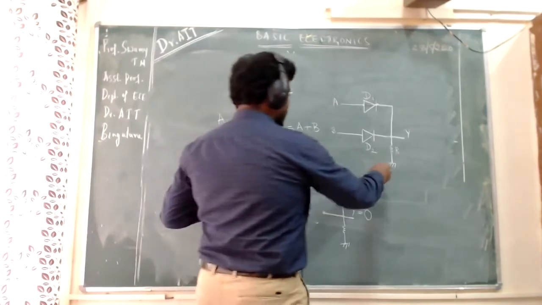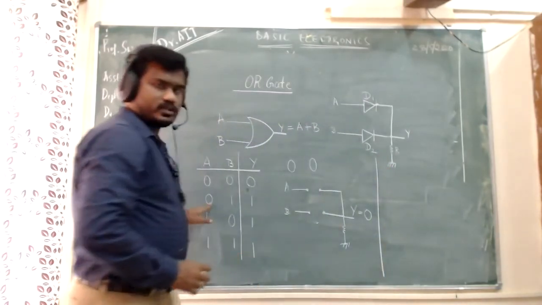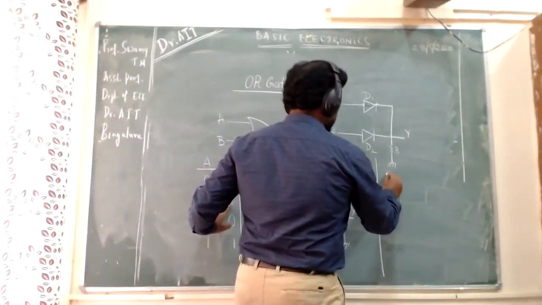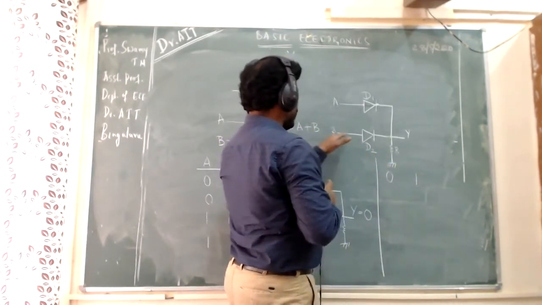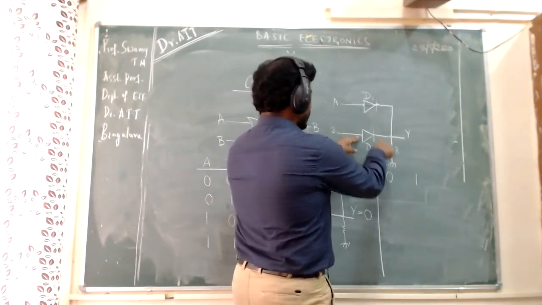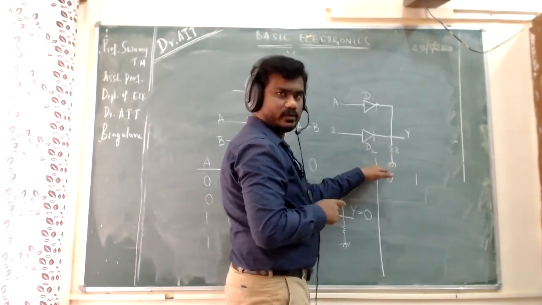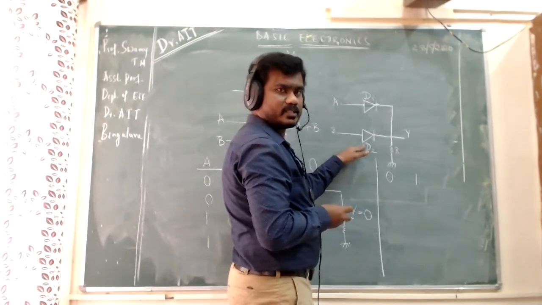Then we'll take the next case, when A is equal to 0 and B is equal to 1. Here you are applying a logic high signal to the P terminal of the diode, and the N terminal is connected to the ground. So D2 is in forward bias condition.